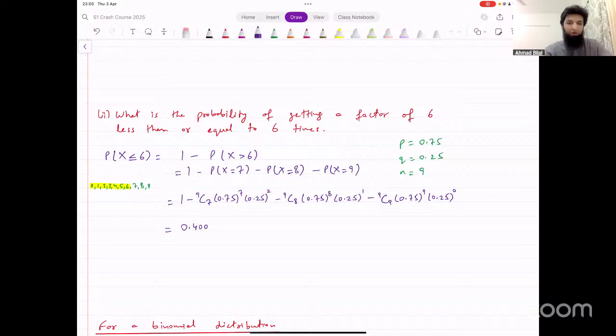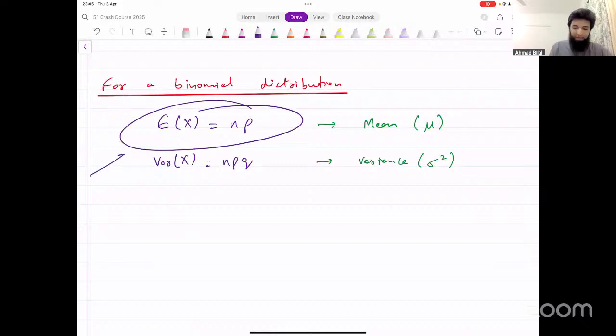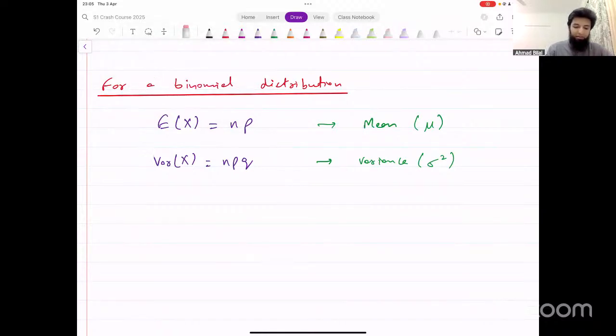Now, today, we want to do some more practice questions on this. Some past paper questions, some actual questions. These were just some examples. There was also this formula that the expected value of X, the mean of X for a binomial distribution, is given by np, and the variance is given by npq.